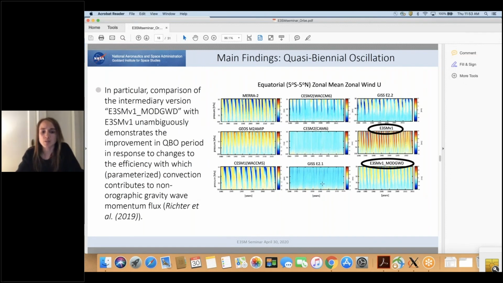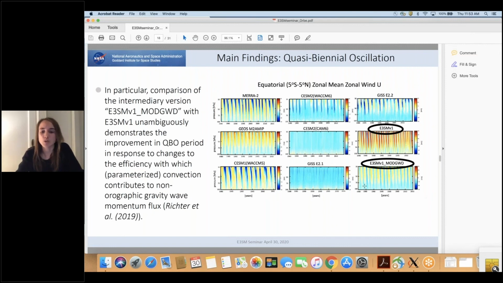I would just like to point out that with the GISS E2.2, which is the high top version of the GISS model E, whereas this is the low top version, we not only benefited from increased vertical resolution, but similar to some of the changes that Yaga contributed to E3SM, we also modified the level at which convectively driven non-orographic gravity wave drag enters the stratosphere.